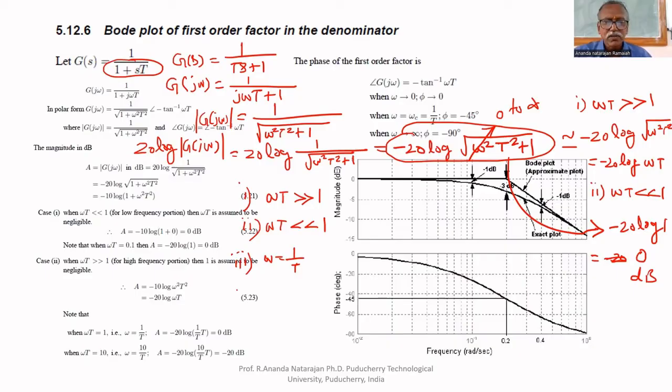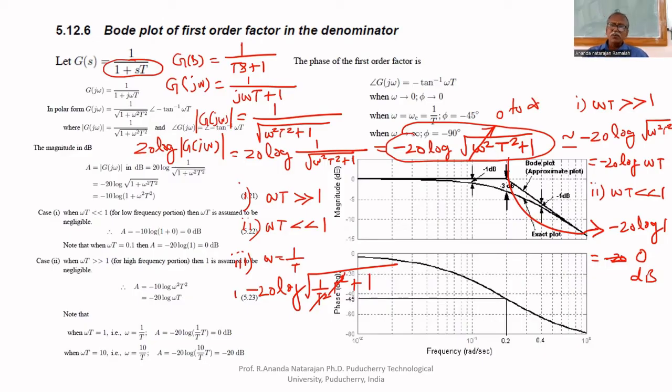Therefore, the equation becomes minus 20 log square root of 1 by tau square into tau square plus 1. Tau square getting cancelled. Therefore, 1 plus 1, you will get 2. The third case is when omega equal to 1 by tau; the value of omega tau is 1.